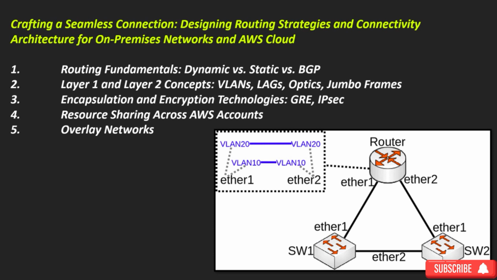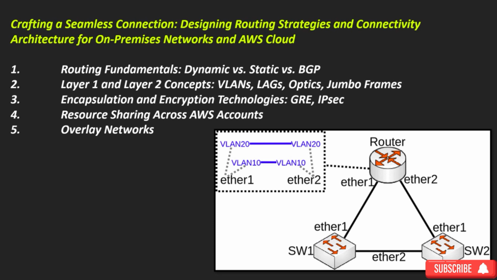Generic Routing Encapsulation, the short form is GRE, enables the creation of private, secure communication tunnels over the internet. IPsec, that is Internet Protocol Security, adds an additional layer of encryption, safeguarding data in transit. So employing these technologies ensures the confidentiality and integrity of the transmitted data.